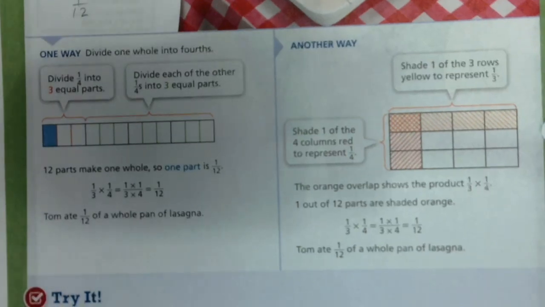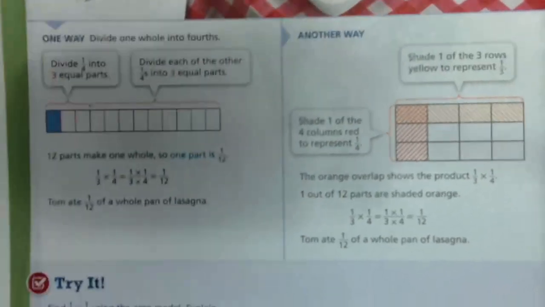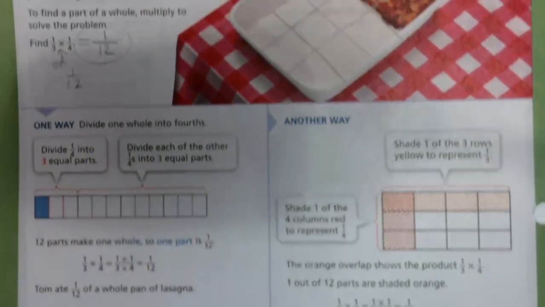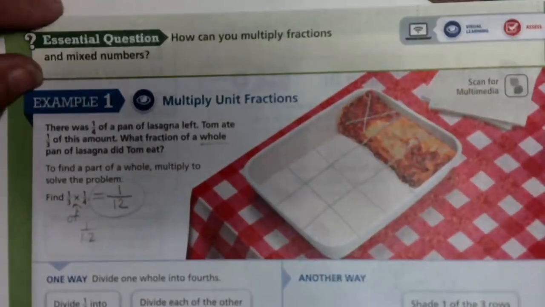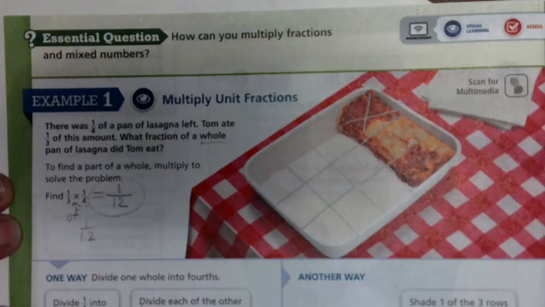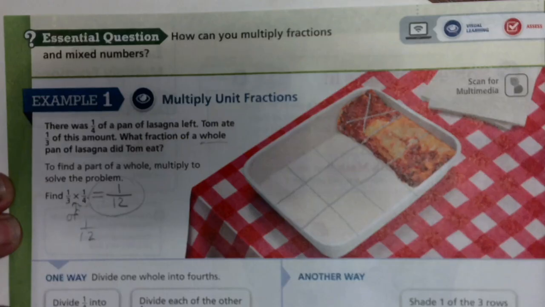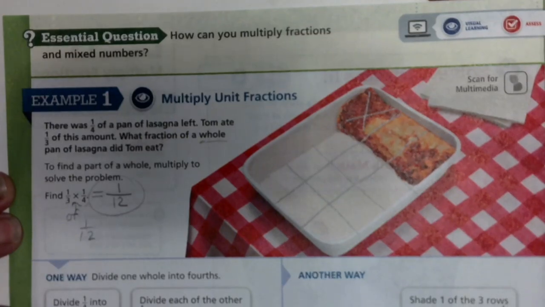Now, I'm telling you that sooner or later, in math, you get tired of drawing pictures. So I'm going to go back up here to the rule. The rule is numerator times numerator, denominator times denominator. Now, if there were any common factors in the top and the bottom, we could cancel those.